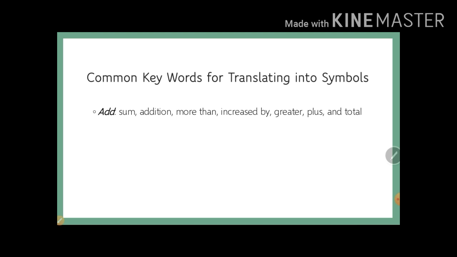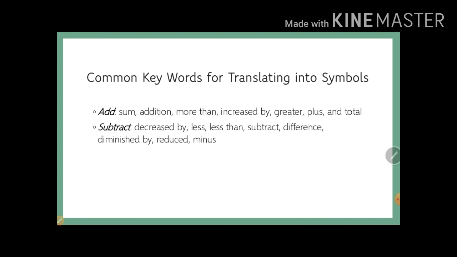Okay, we have addition. In addition, we have sum, more than, increased by, greater, plus, and total. For subtraction, we have these keywords: decreased by, less than, less, subtract, difference, diminished, reduced, and minus.